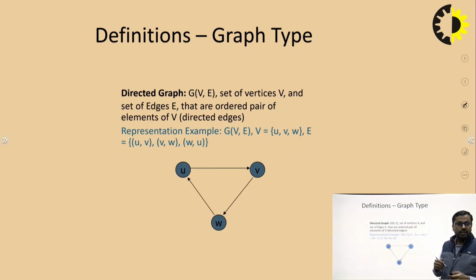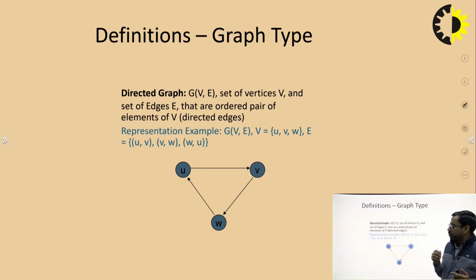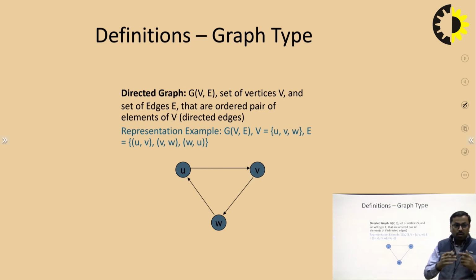The next one is the directed graph. As I discussed earlier, a directed graph is a set of vertices and edges in such a fashion that the edges are ordered pairs of elements of V, called directed edges.